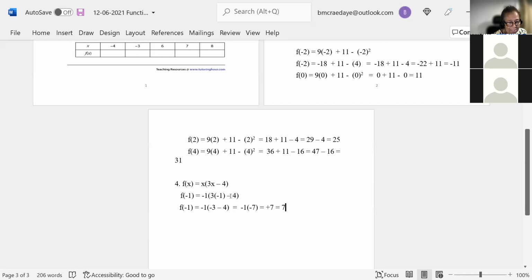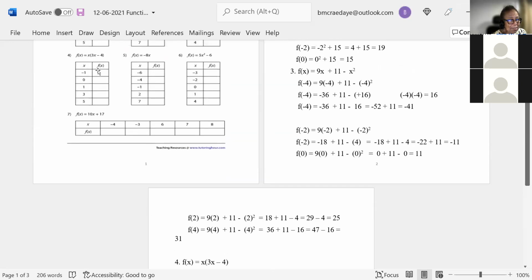And then you have the -4 in parentheses. -3 and -4 give you -7. -1 times -7 gives you +7. So that first entry is just 7. Let's scroll back up here. So that would be a 7 right here. Put a 7 in the table, Chastity. Latoya, put a 7.